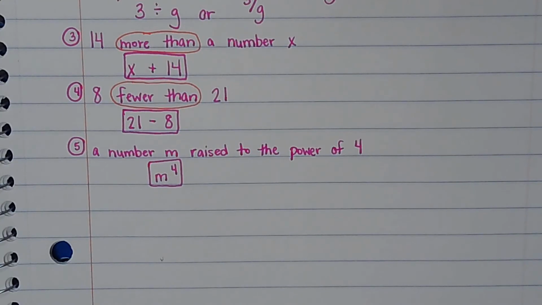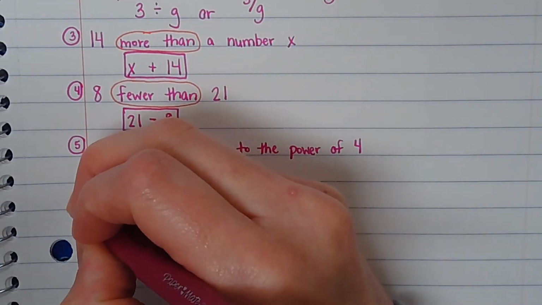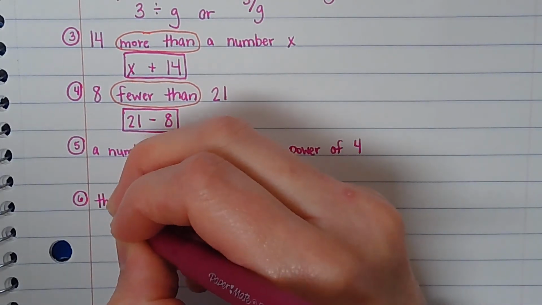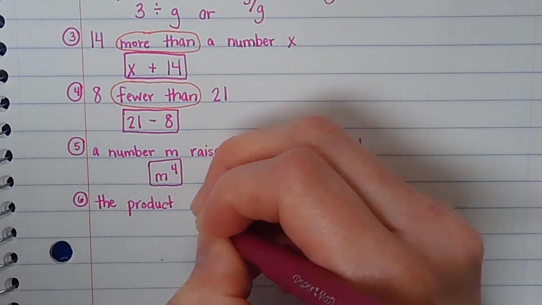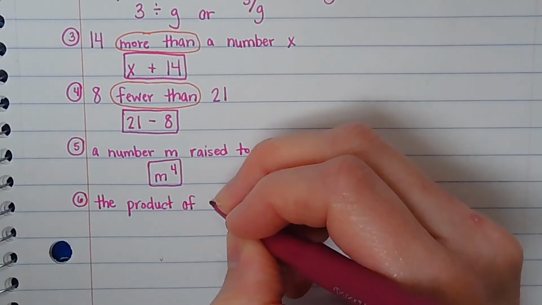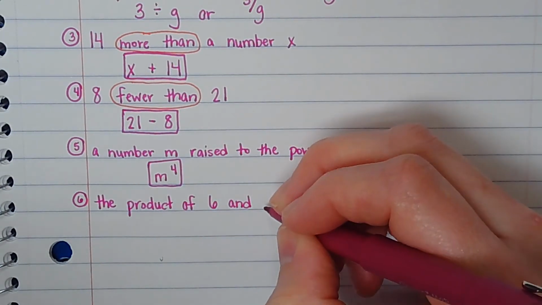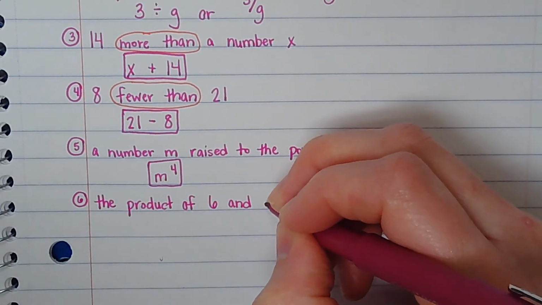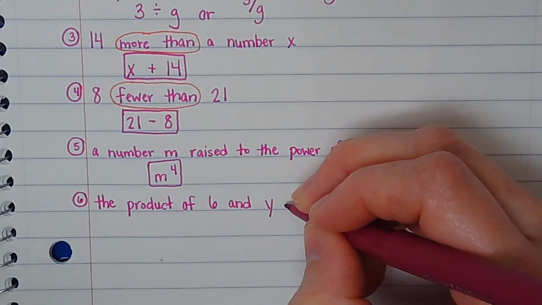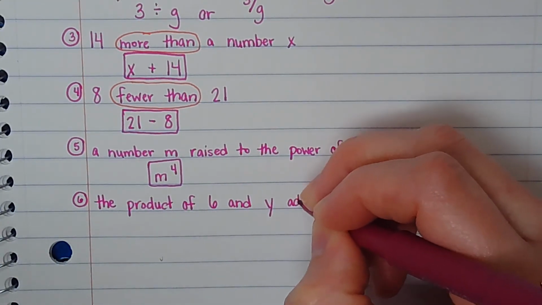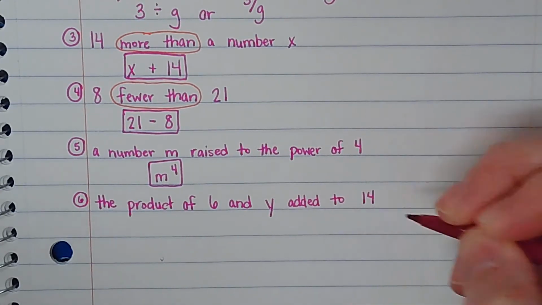Okay, we'll do one more. We'll say the product of 6 and, what letter do I want to use? Y. Added to 14.